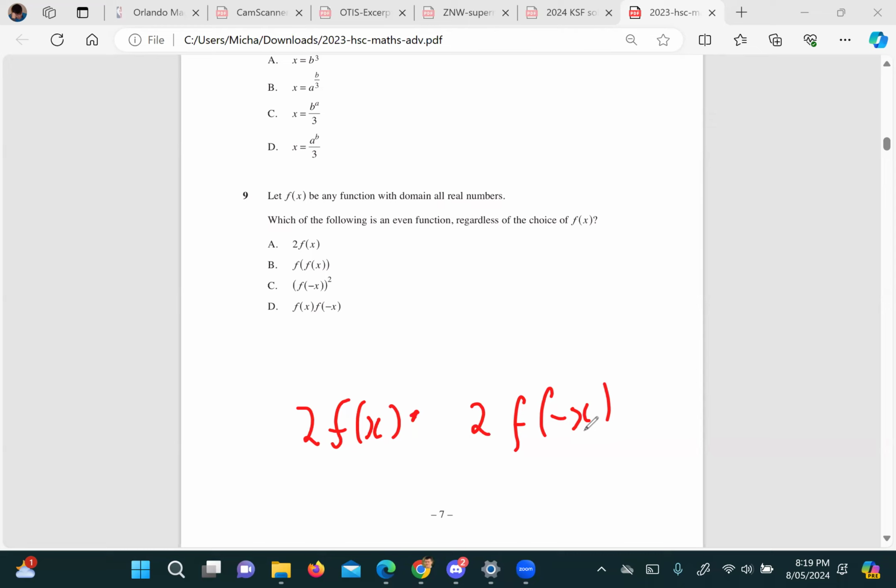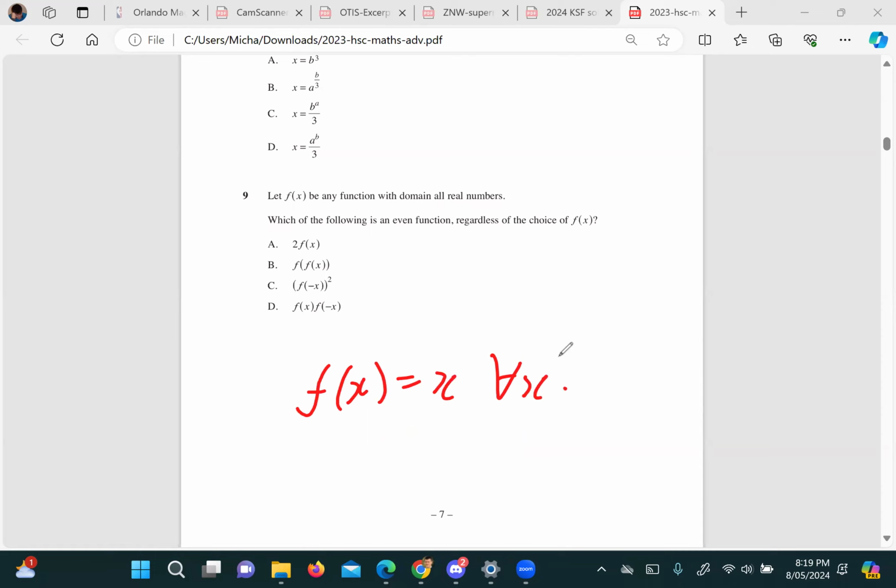So when it says regardless of the choice of f of x, basically you want to make a choice of f of x for which it is not even. For example, I could choose f of x to be equal to x for all x. And then I get 2x, and we want to show that it's not equal to 2 of minus x.